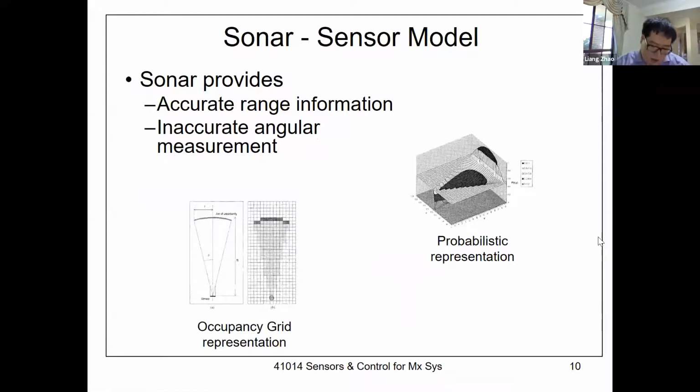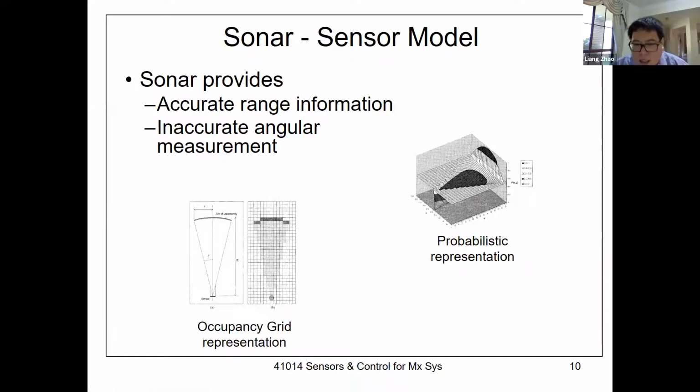So based on that, if we have some sonar data, we can model the uncertainty of that data. And if we want to simulate the sonar data, then we know the model of the error. The sonar will provide accurate range information, but not that accurate angular measurement.